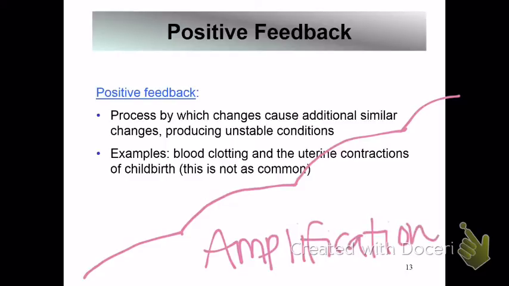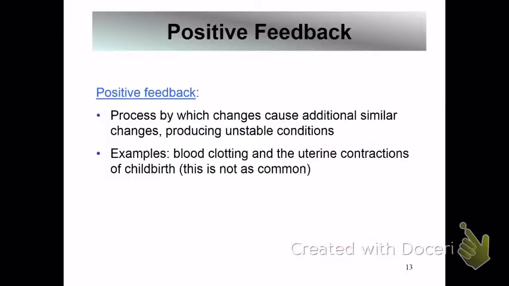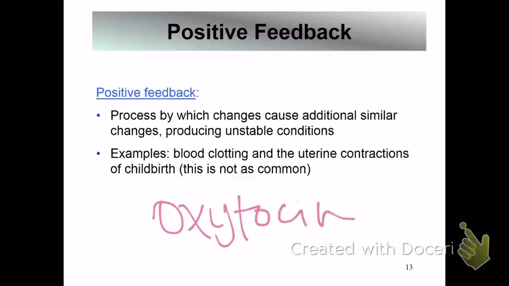It amplifies, right? Okay, let me give you an example. When someone starts to have a baby, when they start to go into labor, the pituitary gland releases a hormone that's in your brain. A part of the brain releases a hormone that says contract the uterus, right? And that hormone is oxytocin. Just for reference to the story, not for the test, but oxytocin.